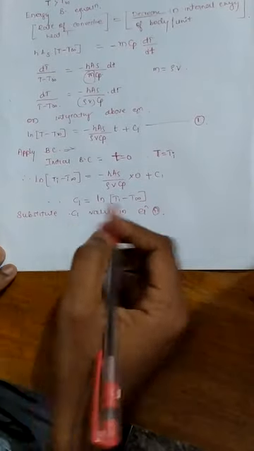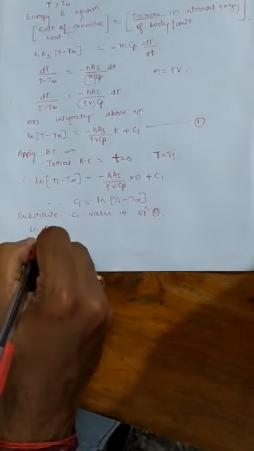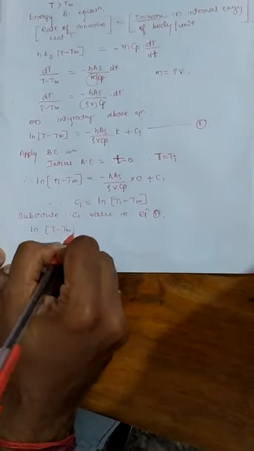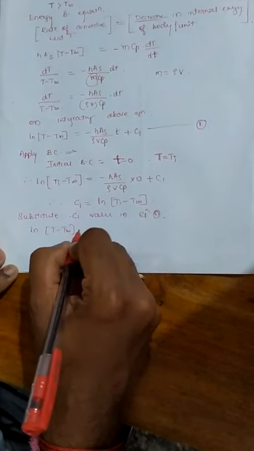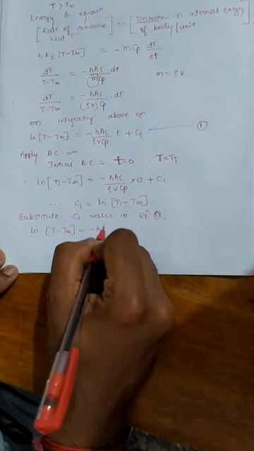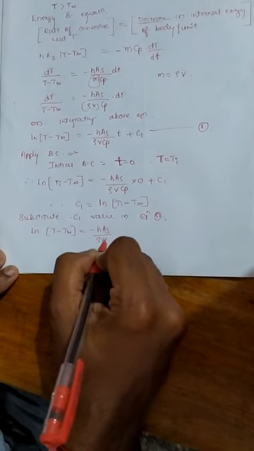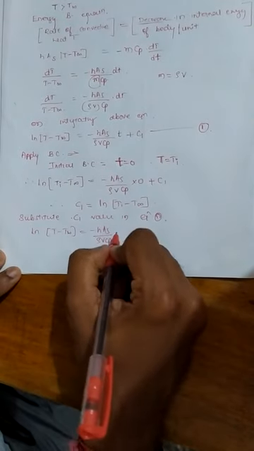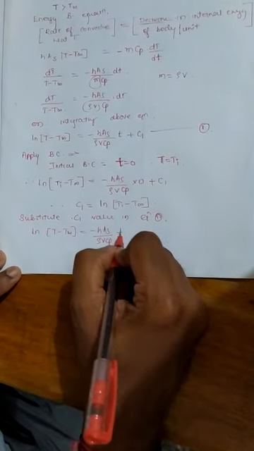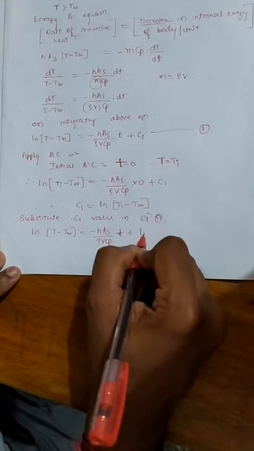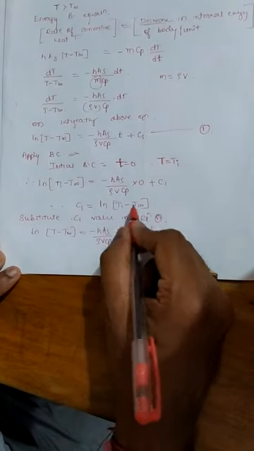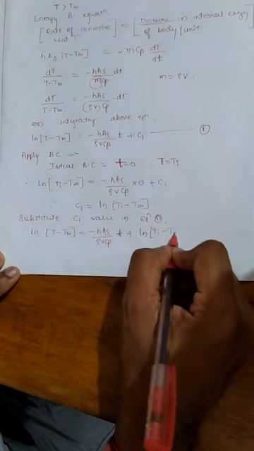ln of (T minus T infinity) is equal to minus h into As divided by rho V Cp, where Cp is the specific heat, into t, plus ln of (Ti minus T infinity).